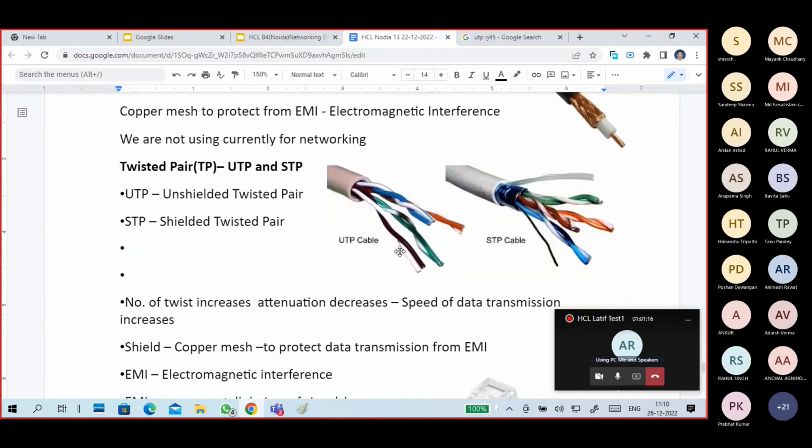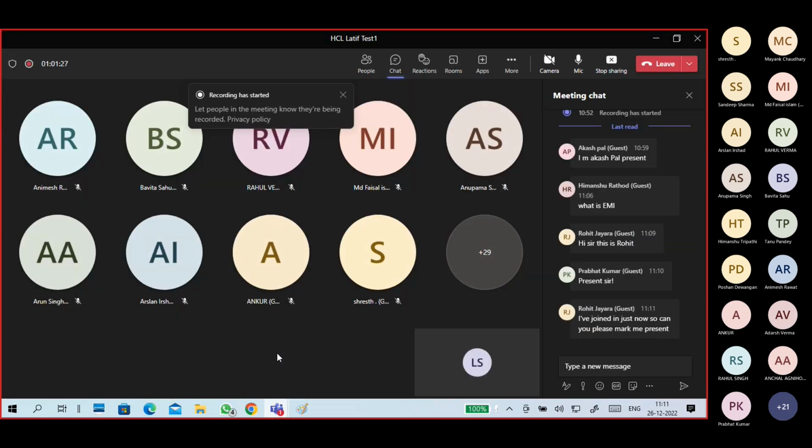You can see this is the brown wire, twisted with the white brown. This is the green wire, twisted with the white green.